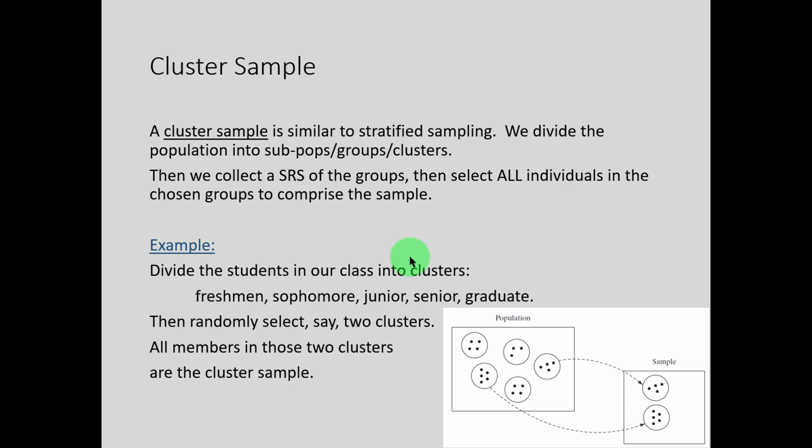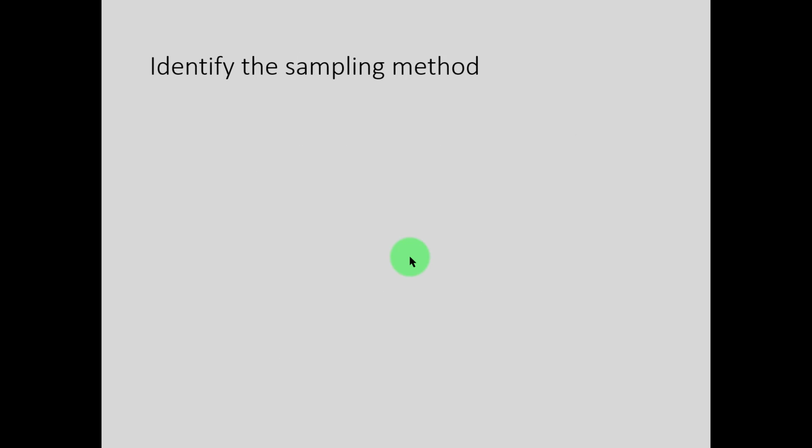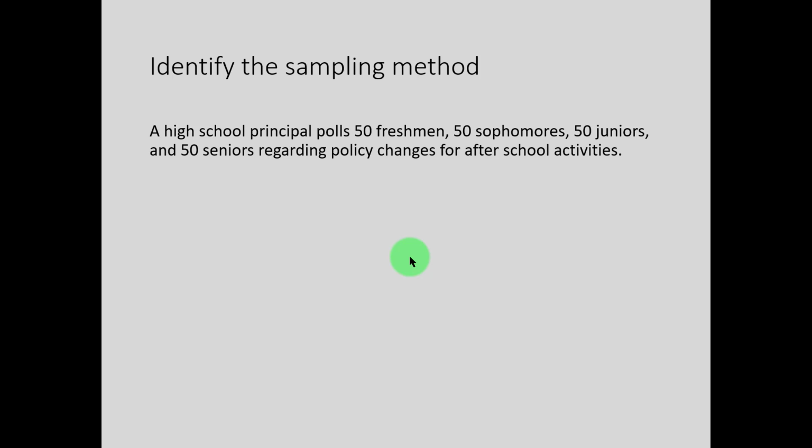Okay, those are our new sampling methods, and let's look at an example outside of the definitions of those sampling methods and see if we can identify which sampling method is used. A high school principal polls 50 freshmen, 50 sophomores, 50 juniors, and 50 seniors regarding policy changes for after-school activities.